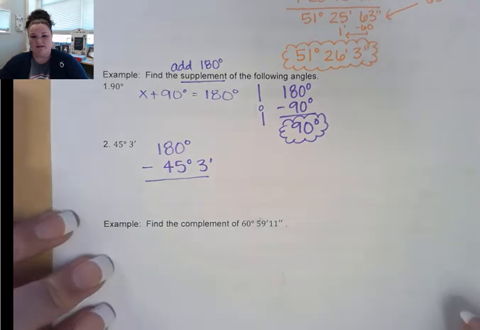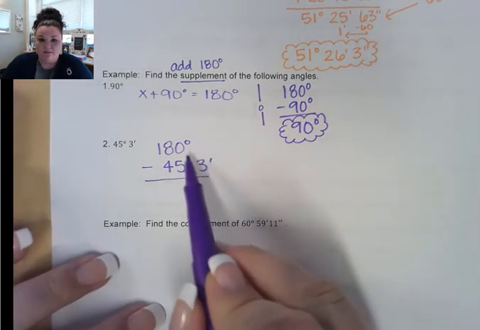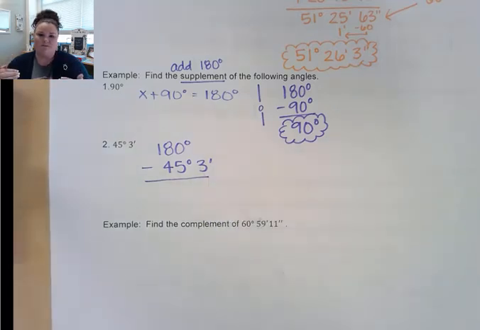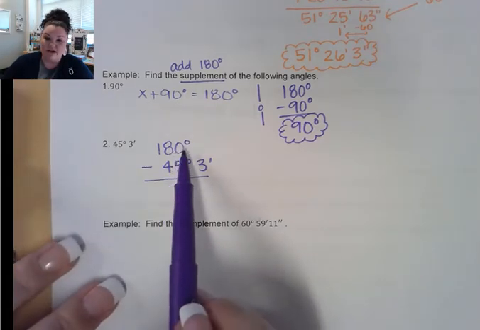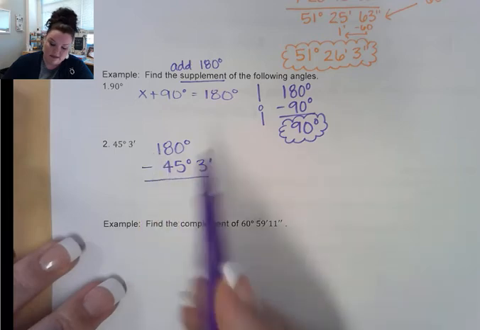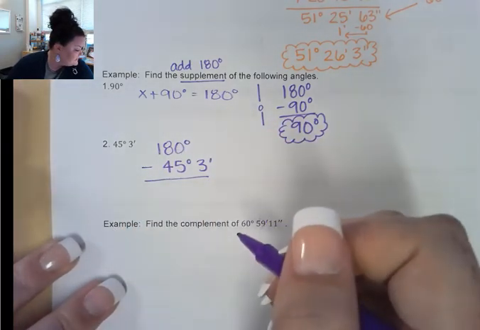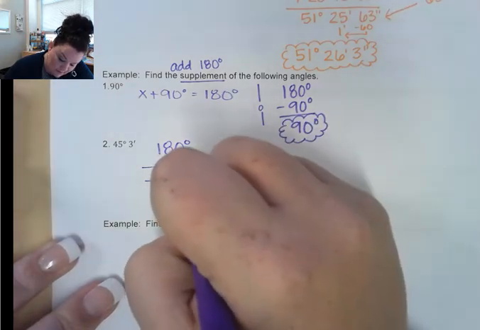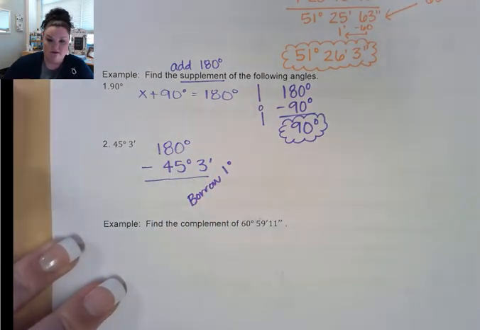The problem is, though, I don't have any minutes here. And so just like when we do normal subtraction, if we don't have enough tens or ones or whatever, we can borrow, right? So I'm going to borrow a degree from here, right? Now, if I borrow a degree from 180, let's just say we're going to borrow 1 degree, okay?